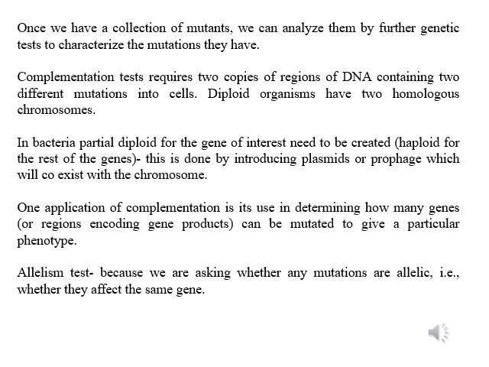We can do this by introducing a plasmid or a prophage which will be able to coexist with the chromosome. One copy of the gene will be present on the main chromosome, and the other copy of the gene will be present on the plasmid DNA we are introducing.